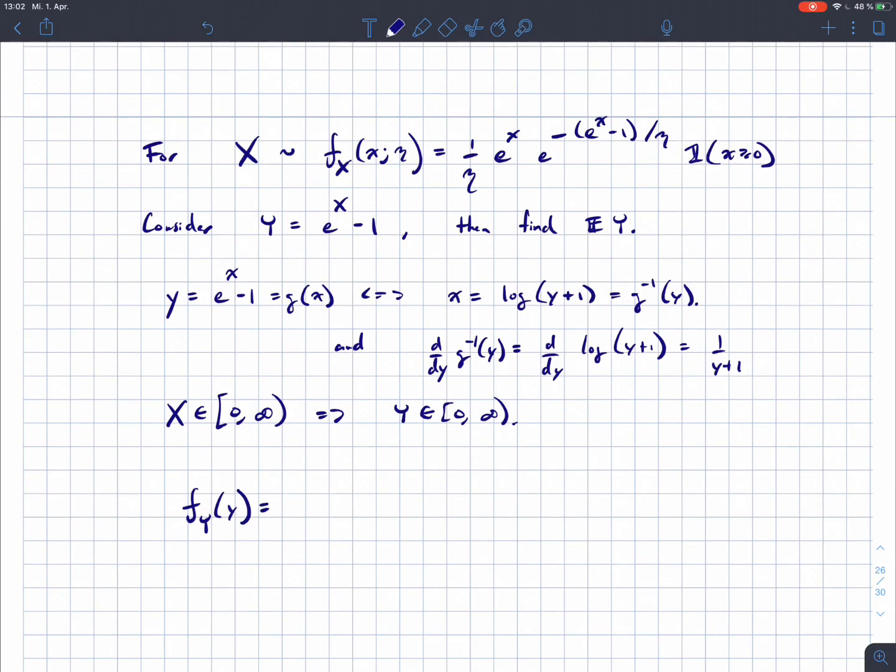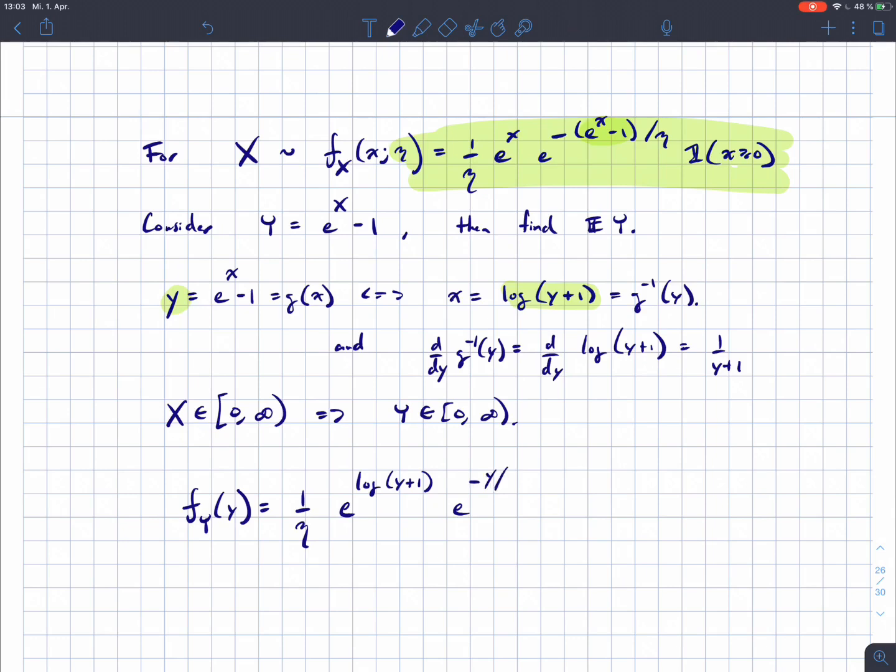Okay, so let's write down the PDF of y. I'm going to put down the PDF of x, but wherever I see x, I'm going to put instead log of y plus 1. So I get this. Then I'm going to do e to the log of y plus 1. Now up here, this whole e to the x minus 1, I can write as just y.